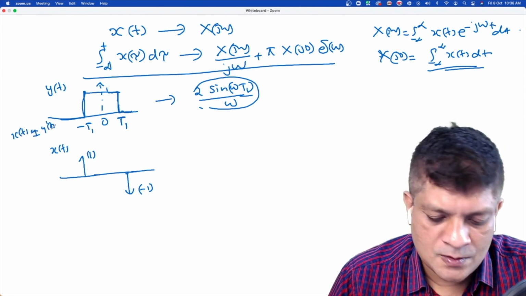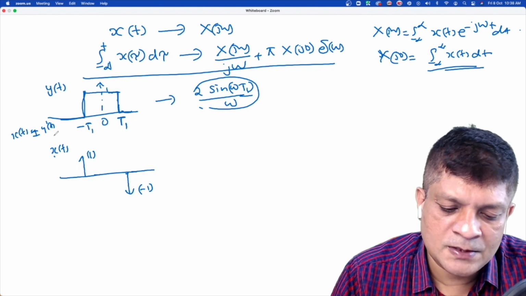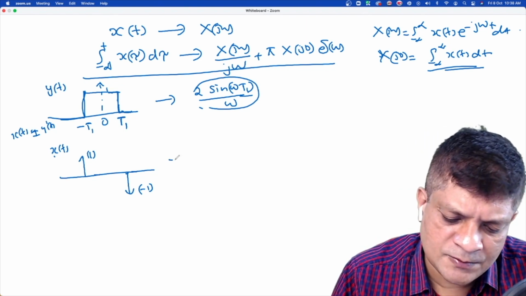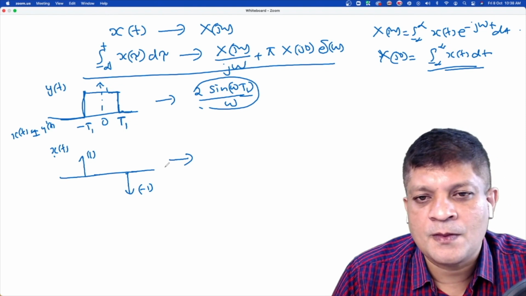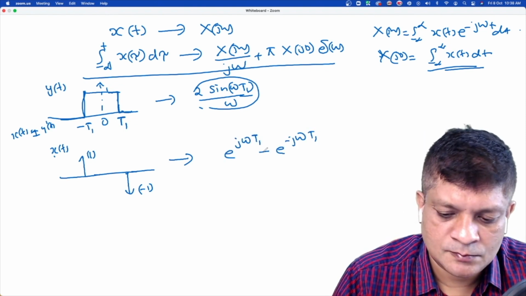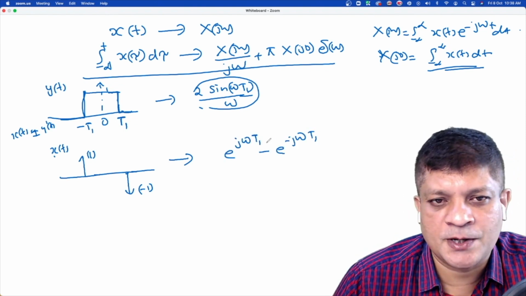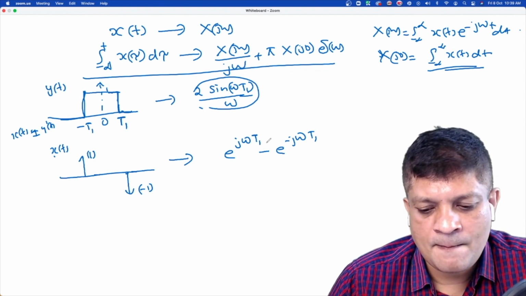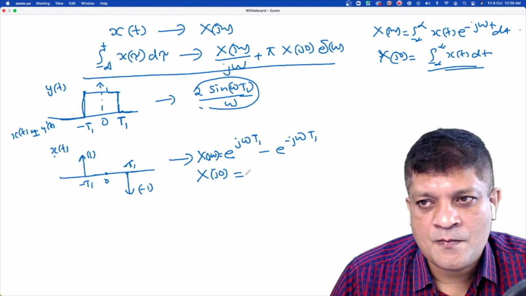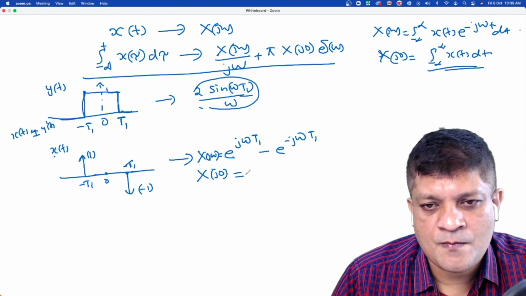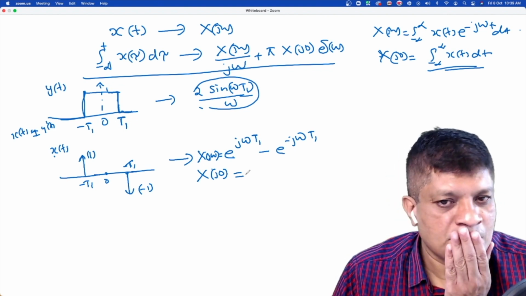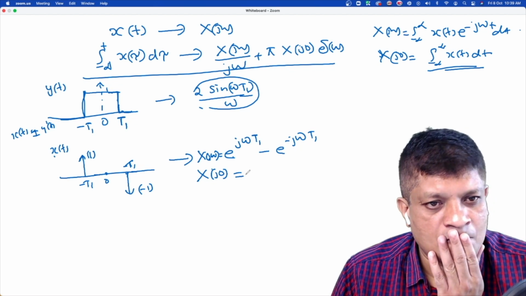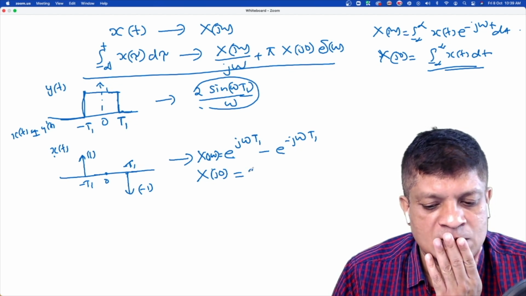Okay. First tell me, what is the Fourier transform of this? e to the power jωt1 minus e to the power minus jωt1, is it? X(j0) is what? Is it 0?